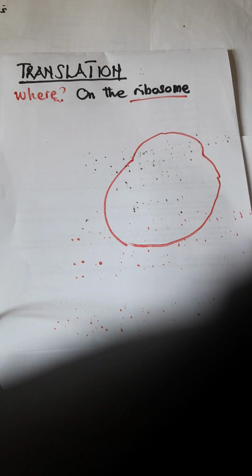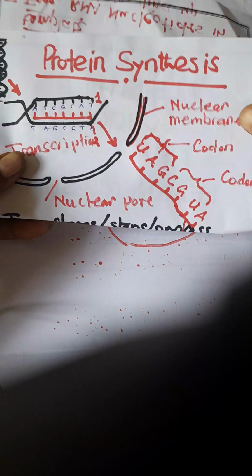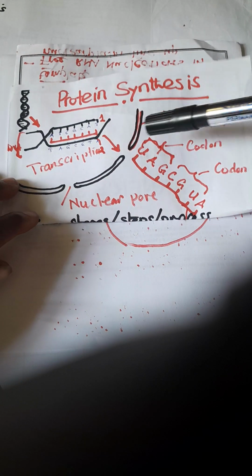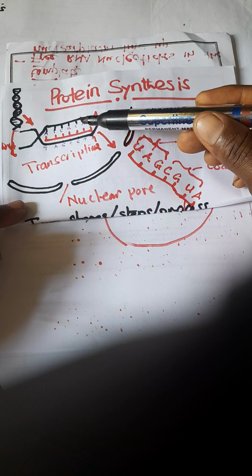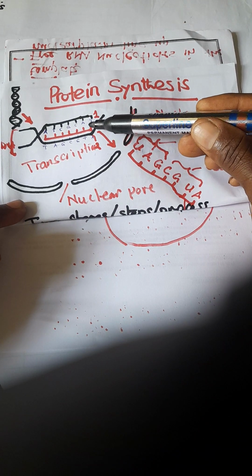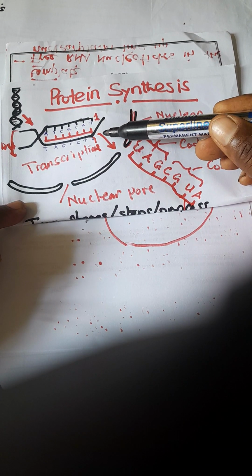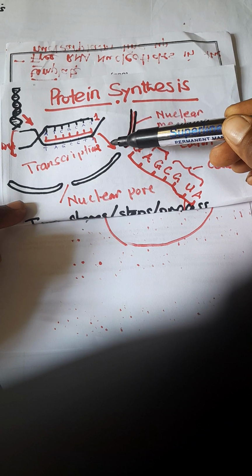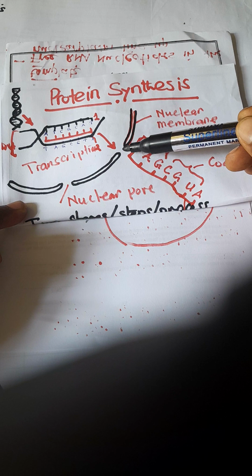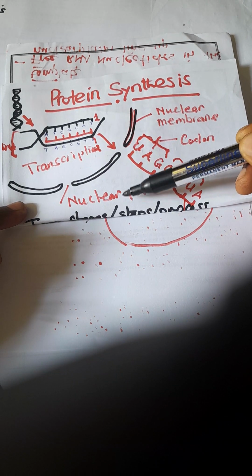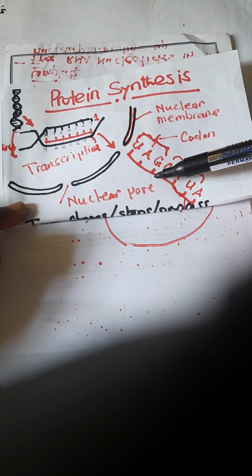Let's look at this here. We have the mRNA that was formed in the nucleus. This mRNA carries the coded message and it exits the nucleus via the nuclear pore.